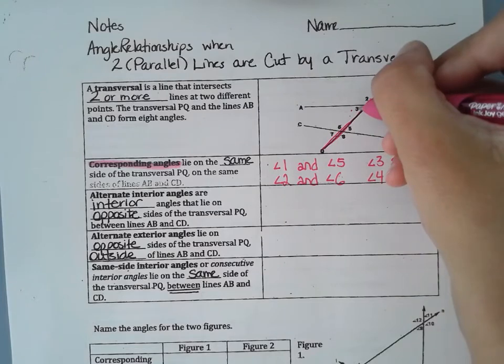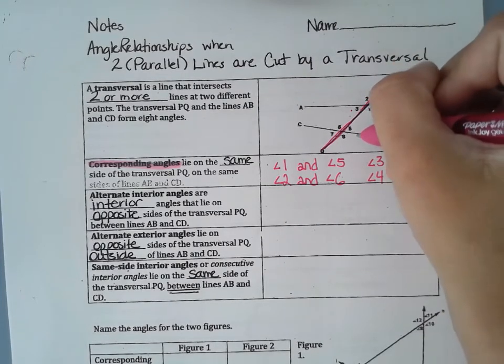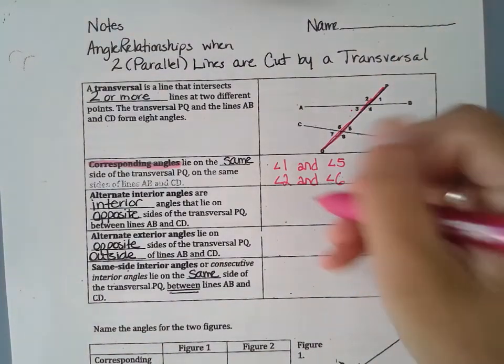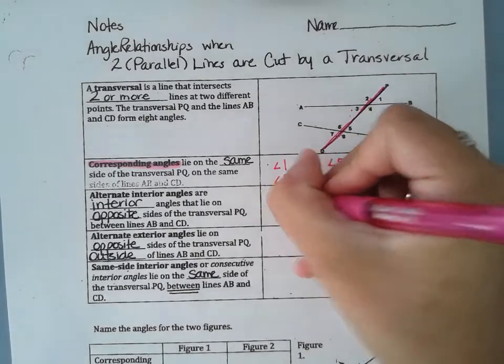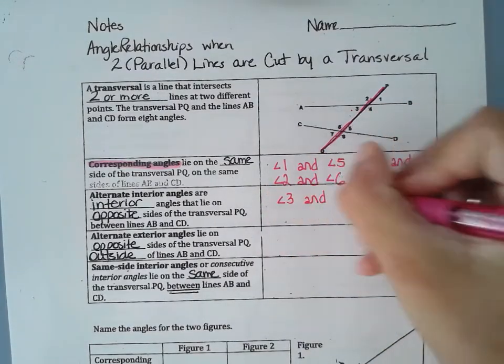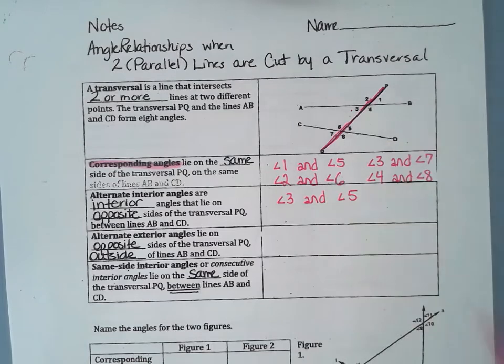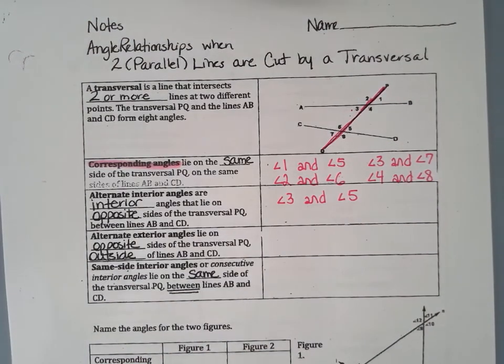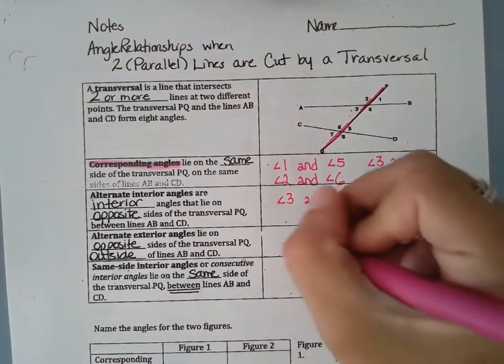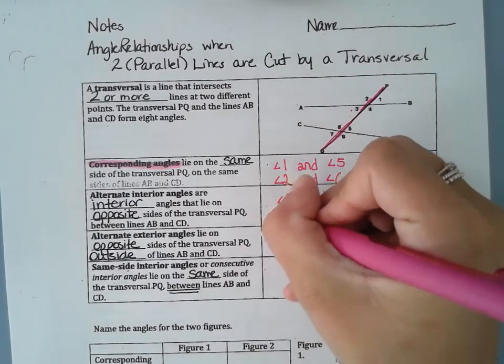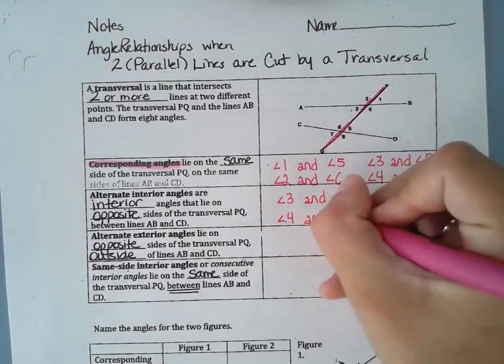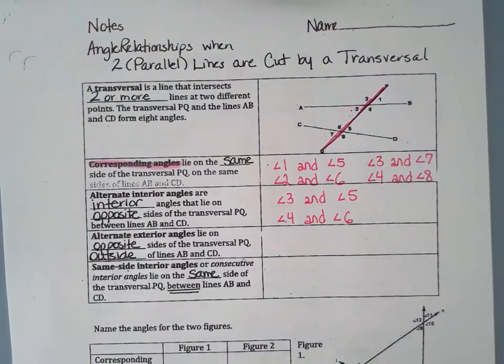Angle 3 and angle 5 are alternate interior angles. Then angle 4 and angle 6 are alternate interior angles.